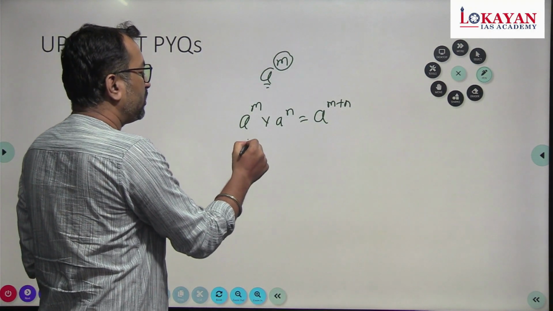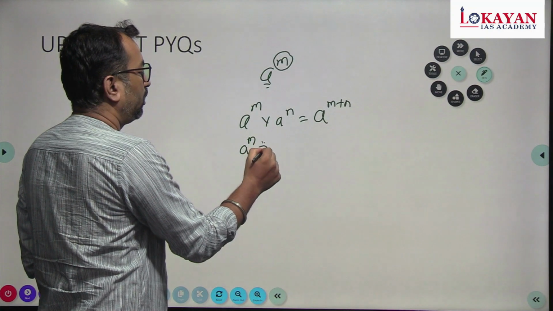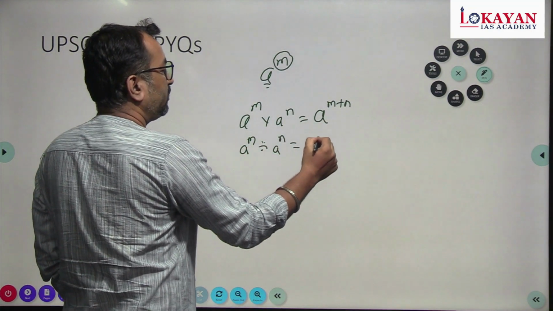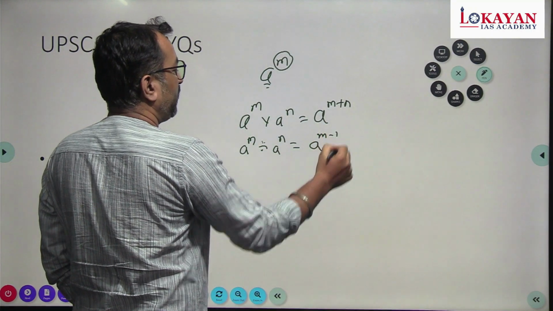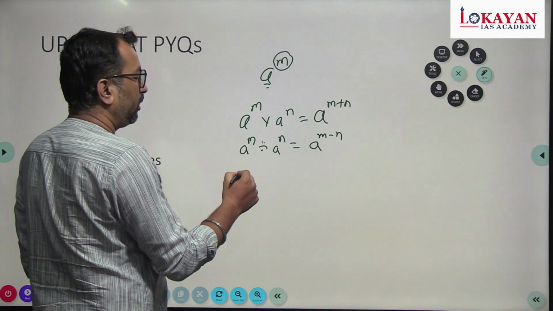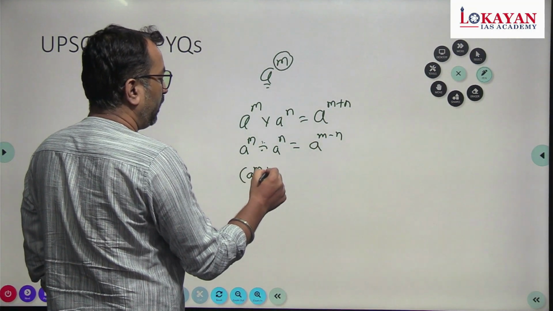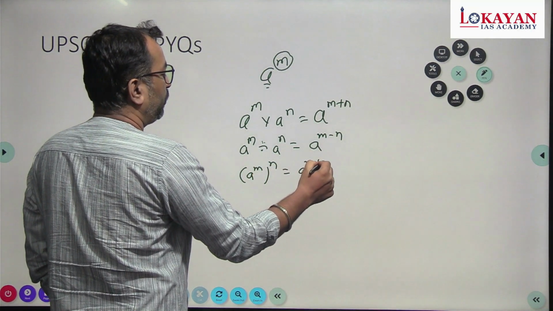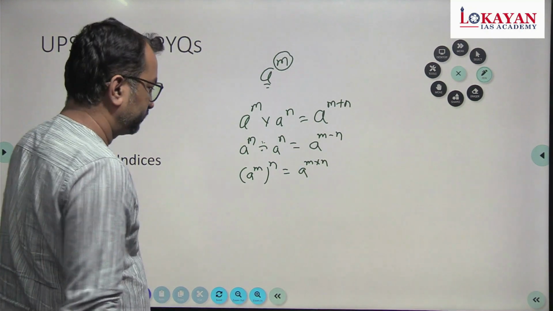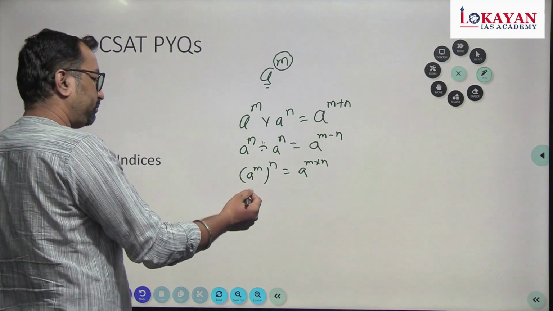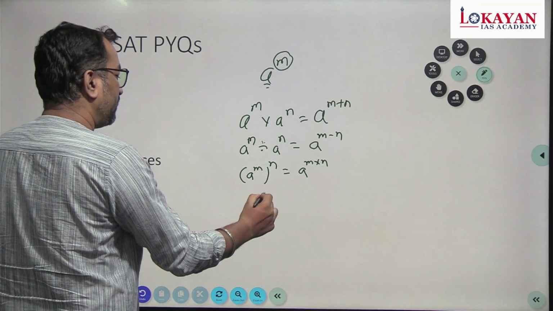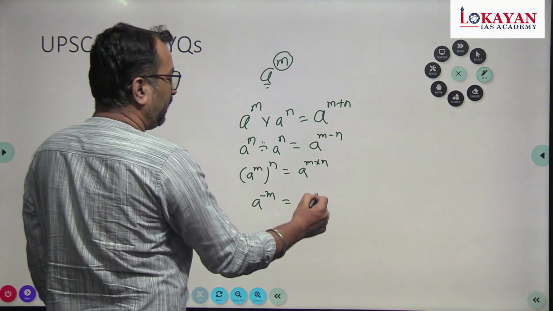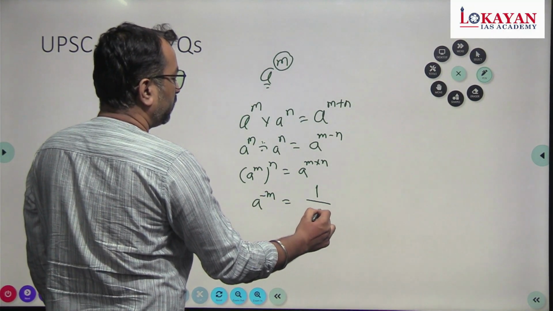Similarly, if there is division, a to the power m divided by a to the power n, then subtraction of the indices takes place, right? If a to the power m and whole bracket n, then a to the power m into n, right? Again, if a to the power minus m, so to remove this minus sign, I can take it into denominator.